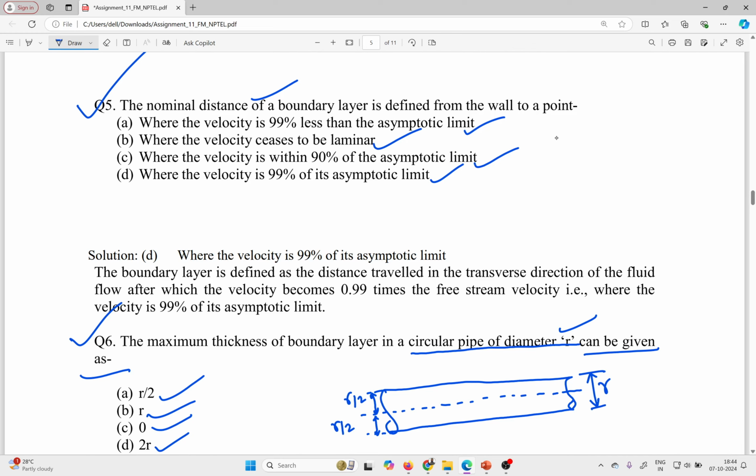Earlier I have explained what? Your velocity diagram in case of pipe flow, if flow is laminar, it will vary like that. If this is your midline, parabolic kind of thing.